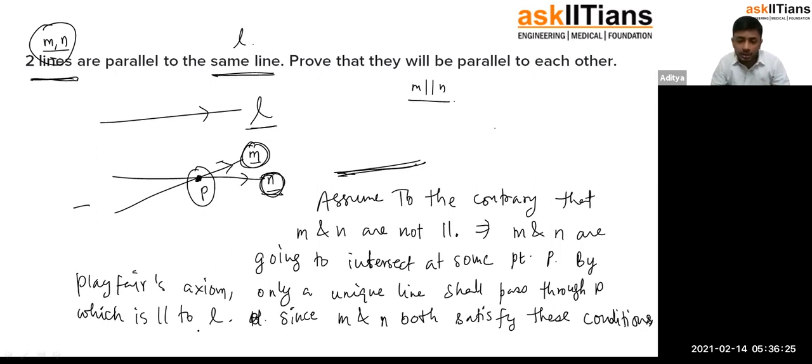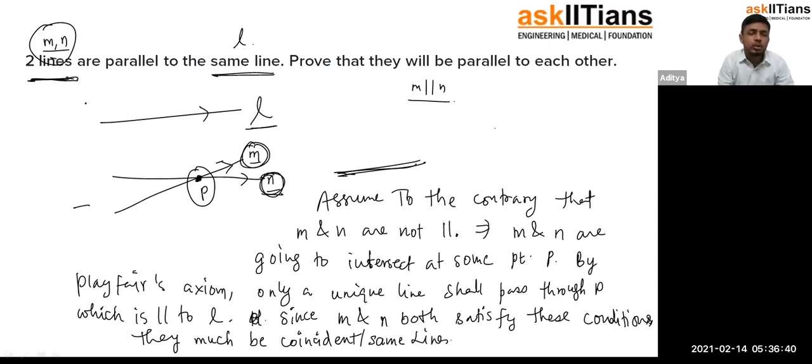They must be coincident or basically the same lines, right? Coincident or the same lines. But we are assuming here that these are two distinct lines, okay? So that's what we are saying. So this is a contradiction.